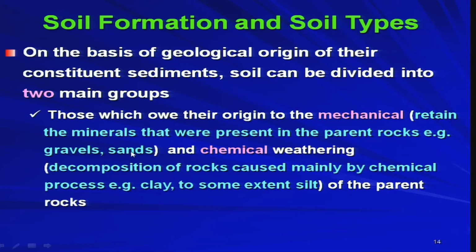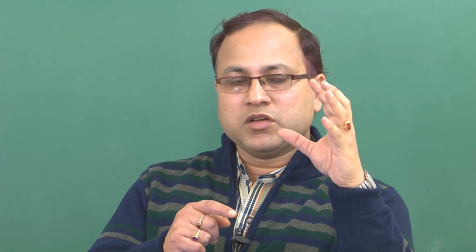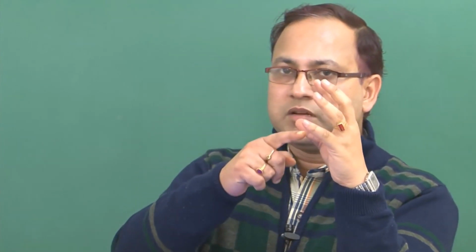That means you have some rock. Now, how is the soil getting formed? So, you have the rock, and you are applying some mechanical weathering process or chemical weathering process to the rock. If you apply the mechanical weathering process, it retains the minerals that are present in the parent rock.